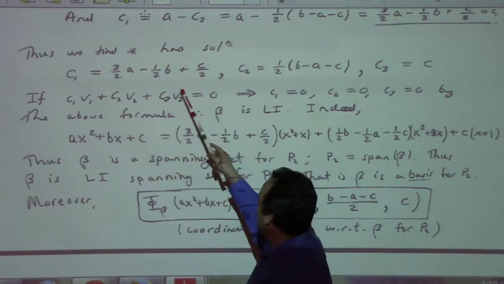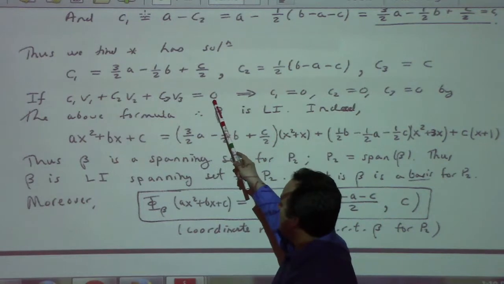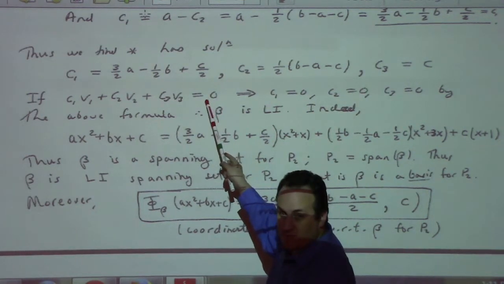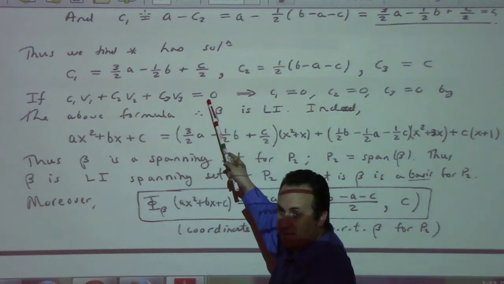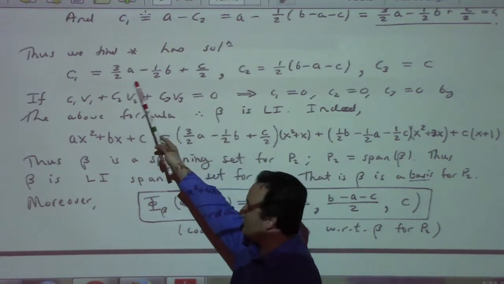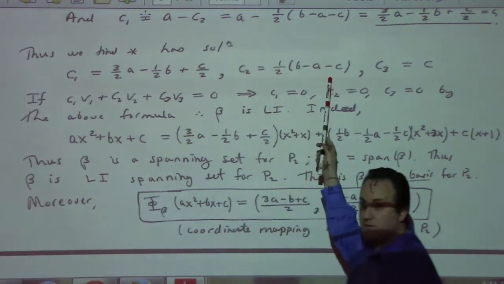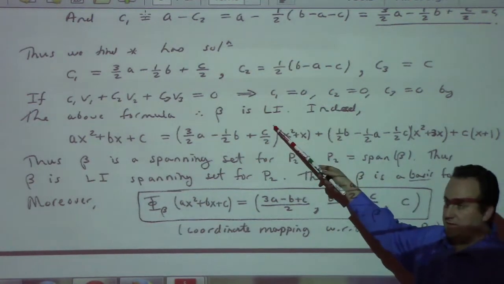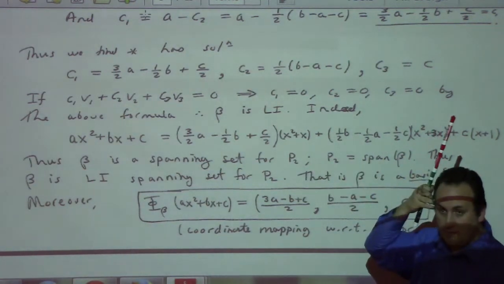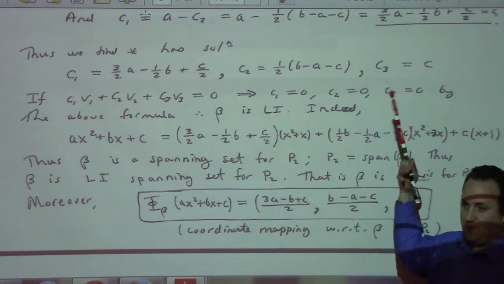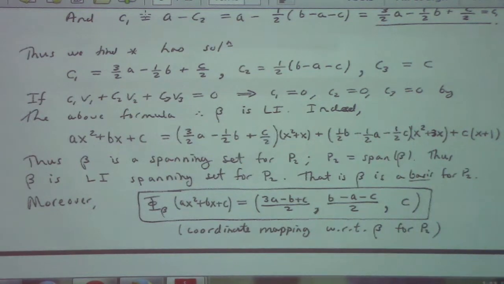But if this is equal to 0 times x squared plus 0 times x plus 0 times 1, that means A, B, and C are 0. So I plug 0 into these formulas and I get 0, 0, 0, which proves then that the set is linearly independent. So once I have the coordinate formula, I can actually prove linear independence with a sentence. I don't need to redo the algebra, is my point.